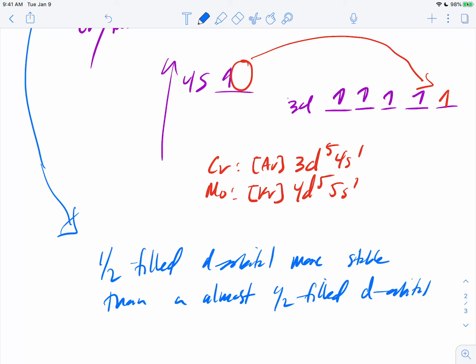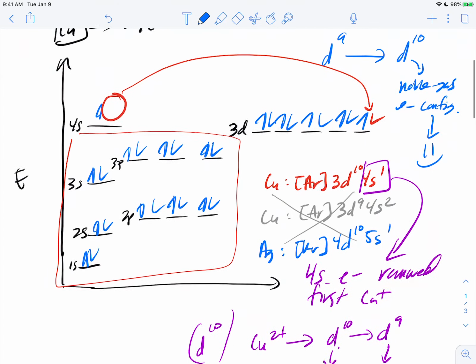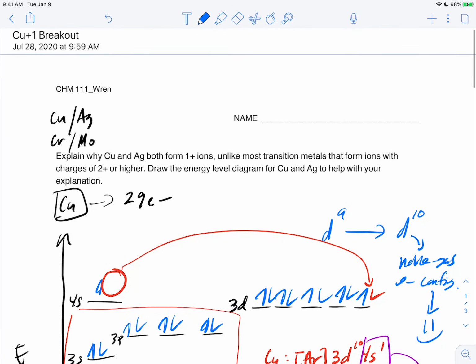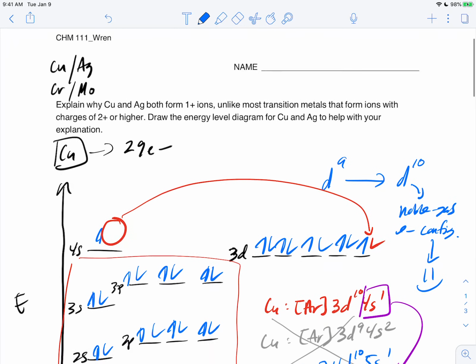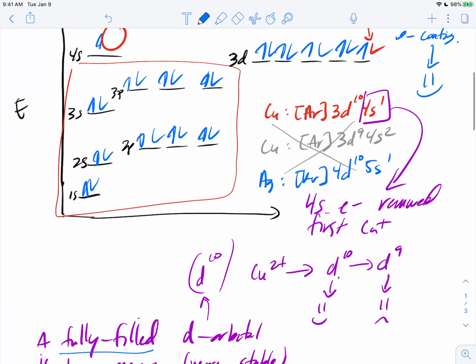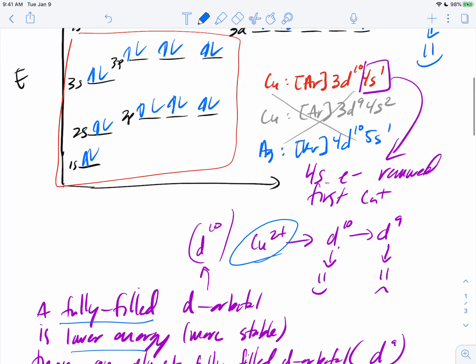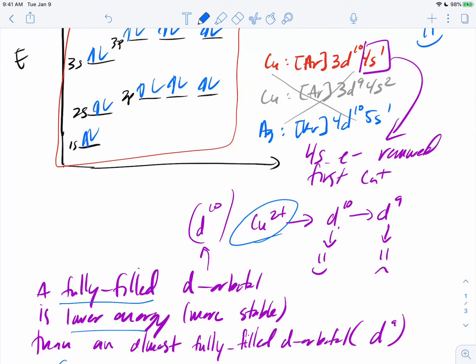So we'll see the same trend there. That's the exception, make sure you're aware of it. And so to answer the question, we drew those energy level diagrams, we ionized, and we see that the full answer to this question would be showing that to go to a 2+ ionization for copper or silver, you'd go from a d10 configuration to d9, and that would be destabilizing. That would be a complete answer.